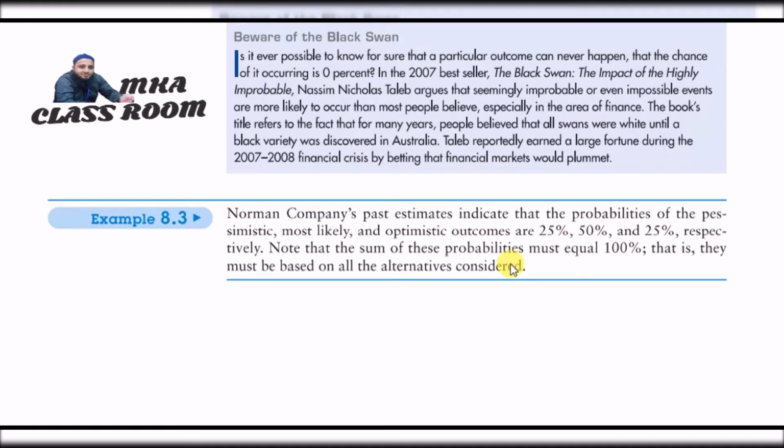So you know it better that the whole probability should be equal to 100%. So here we will see the examples. Norman.